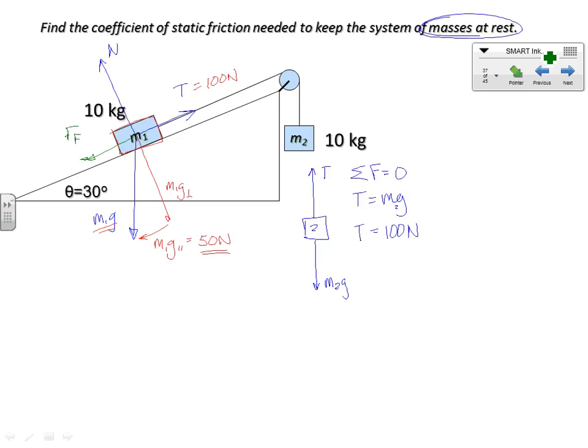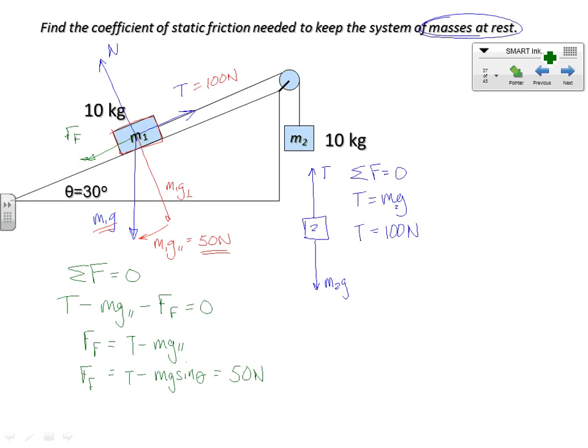All right, and the right way to do that is this, and then we'd say T minus mg parallel minus the friction force is 0. And we'd say that the friction force is T minus mg parallel, or T minus mg sine theta.